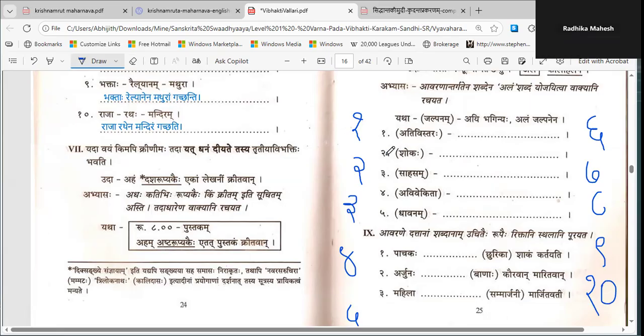Dve, द्वादश dvadasha. Trini, त्रयोदश trayodasha. Chatvari, चतुर्दश chaturdasha. Pancha, पञ्चदश panchadasha. Shat, षोडश shodasha. सप्तदश Saptadasha, ashtadasha अष्टादश, then नवदश Navadasha, Vimshatihi. 20 is Vimshatihi. Okay. So from here it becomes easy.